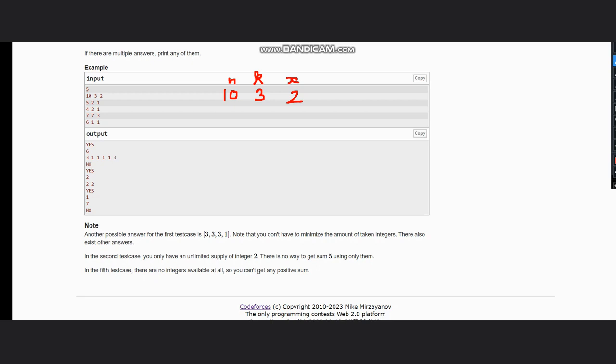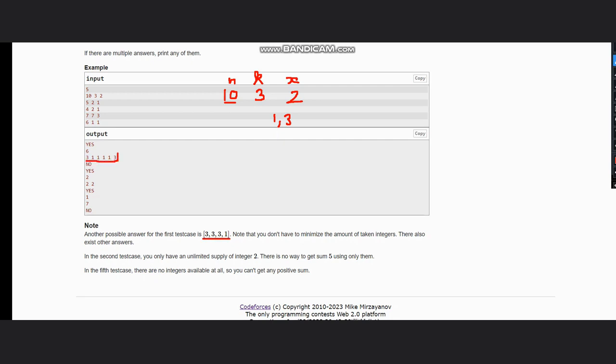Now if x is 2, we are only left with numbers 1 and 3. If you take 1 and 3 and you want to make the sum 10, this is one of the possibilities as it is shown, and this is also one of the possibilities which is shown.